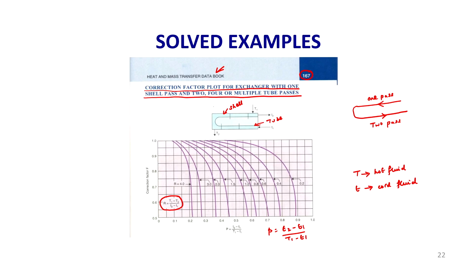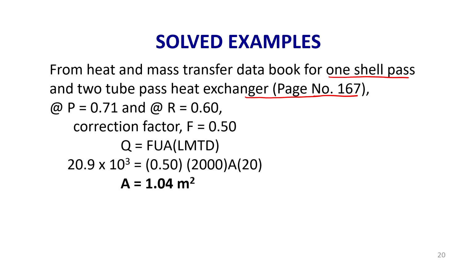So, this is the P value 0.7 and this is R, 0.6; all these curves are R. If you find the intersection point, this is the correction factor. I am getting 0.5 as the correction factor from page number 167.